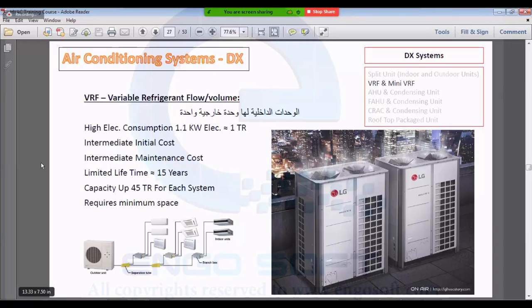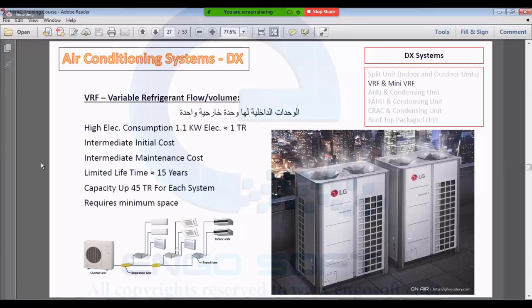This unit has the ability to vary the refrigerant flow. This is why the name is variable refrigerant flow. It can change the flow rate moving to the other units, so it can provide 1 kilogram per second, 2 kilograms per second, 10 kilograms per second based on its capacity. This is the main advantage of this unit.